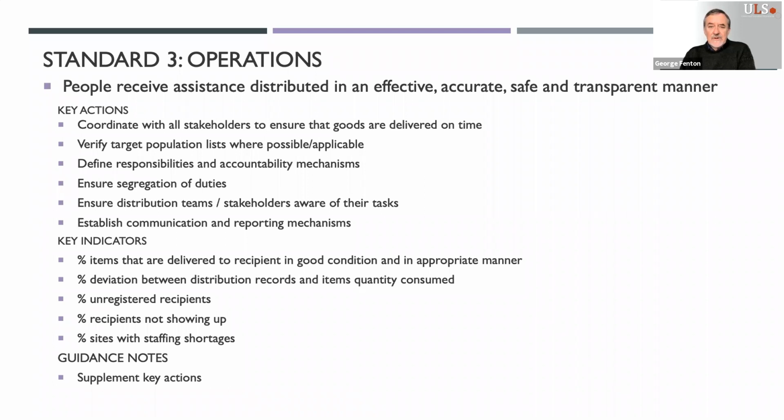It's good to test the appropriateness and the distribution sites in advance, so that on the day of the distribution, everyone is acquainted with the plan and their role within the distribution chain.